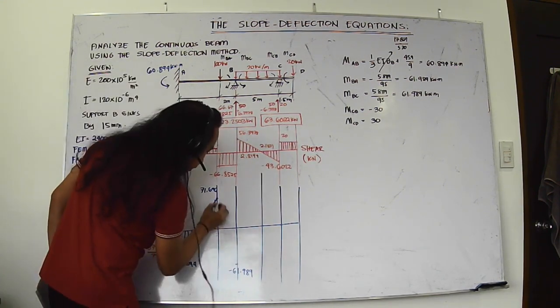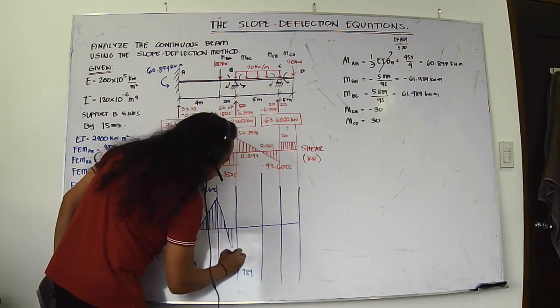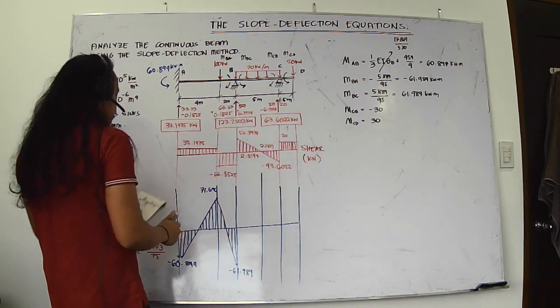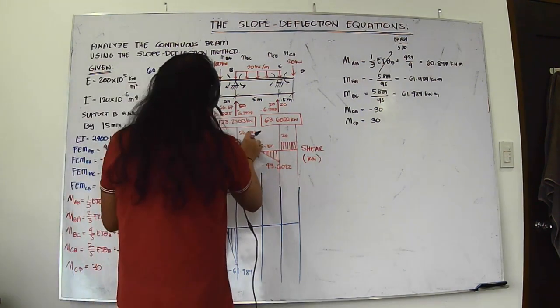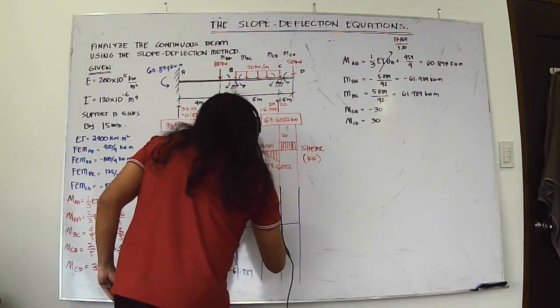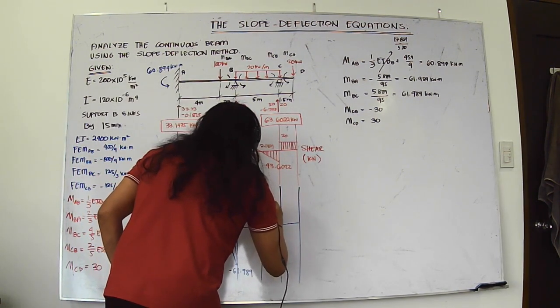So this is a straight line. The triangle's area is added here, which gives 17.529.